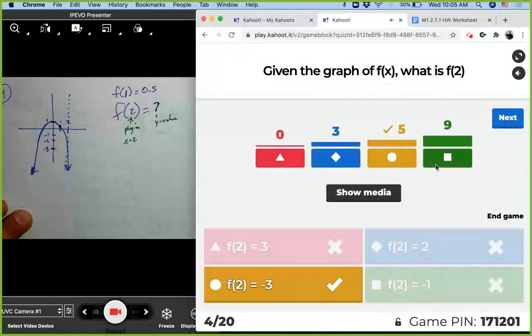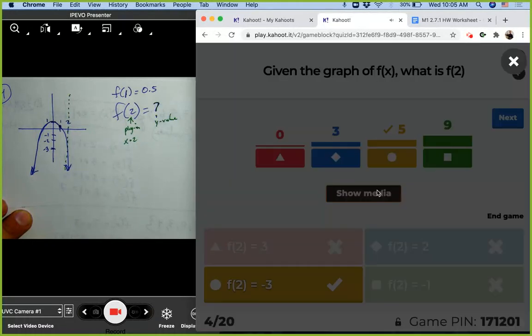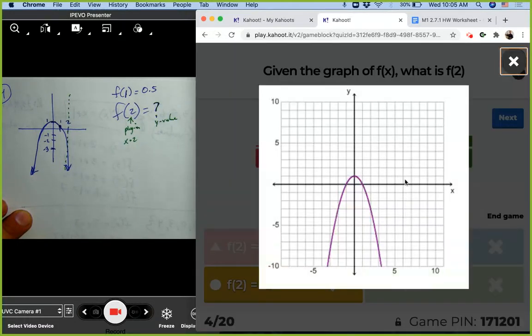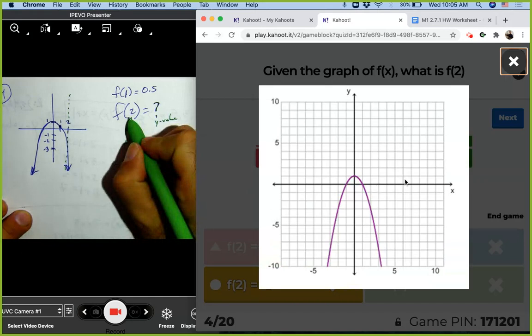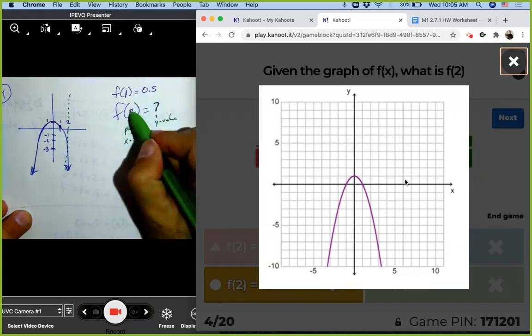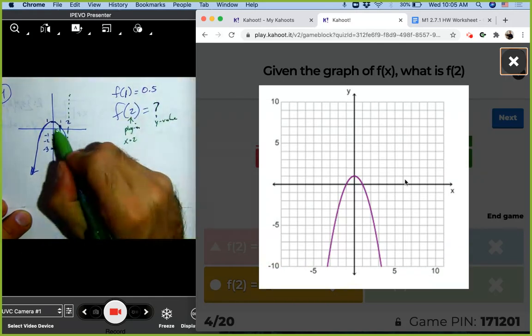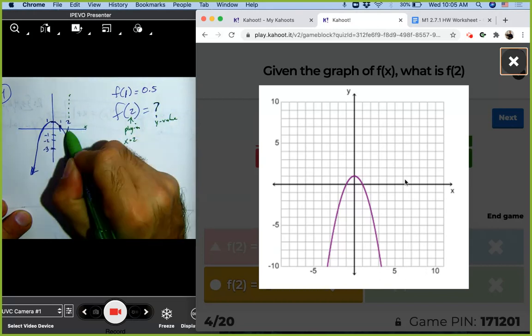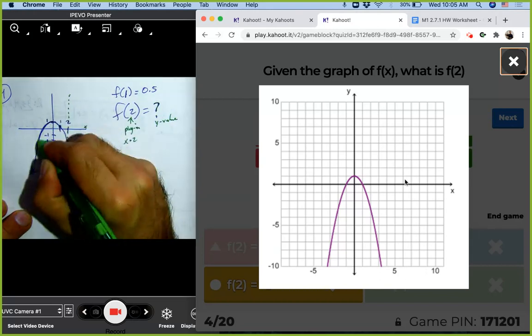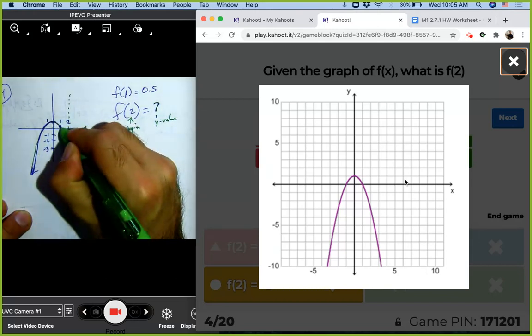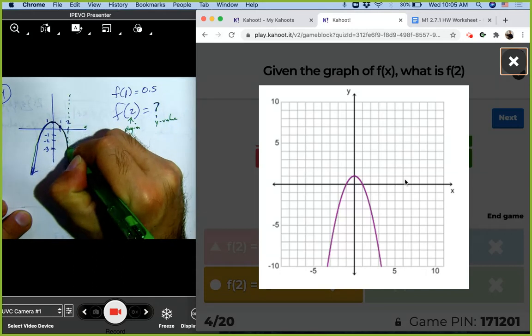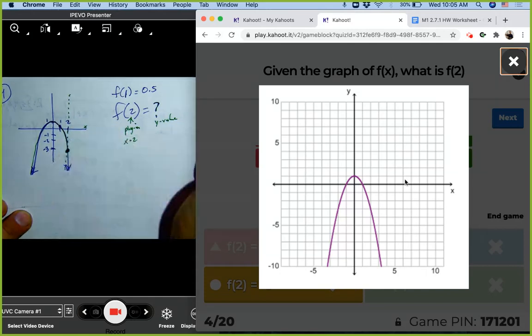All right, -3. So everybody peek over here, because if we look closely, when I am looking at a graph and I want to know f of 2, I only need to go over for the x values over to 2 and see, well, where is the graph when x is 2? It's right there. You see?